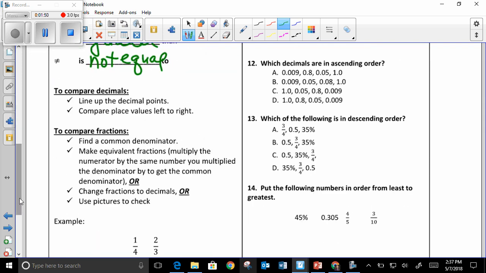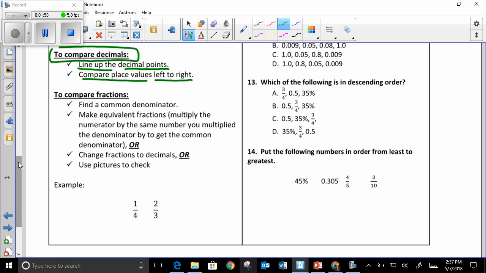Next one, to compare decimals, make sure you line up the decimal points and then compare your values left to right. To compare fractions, make sure you read all of these. And here's your example. So 1/4, you could make this as equivalent denominators. So you could change 1/4 to something over 12. What would that be? 3/12, right?